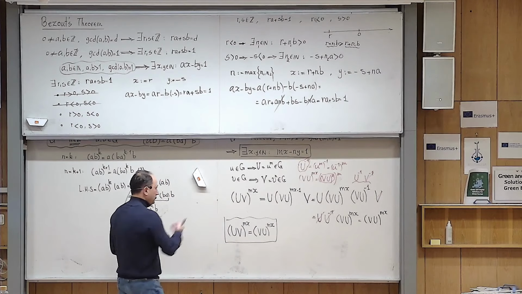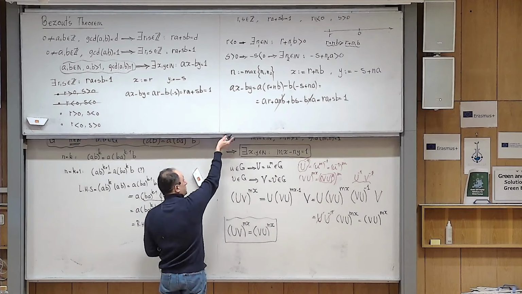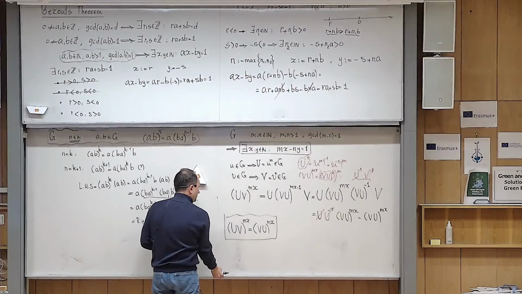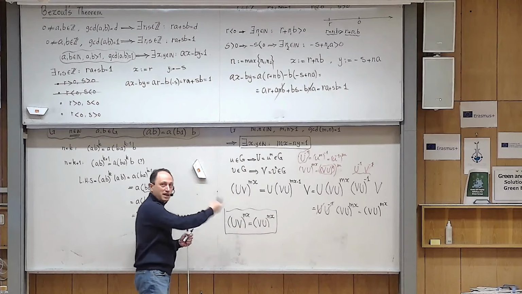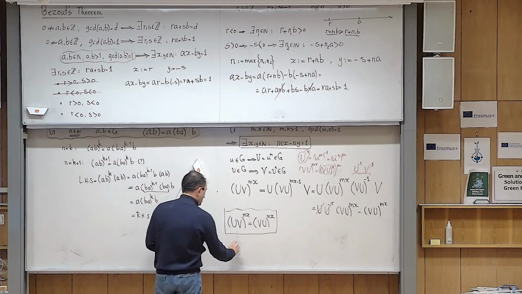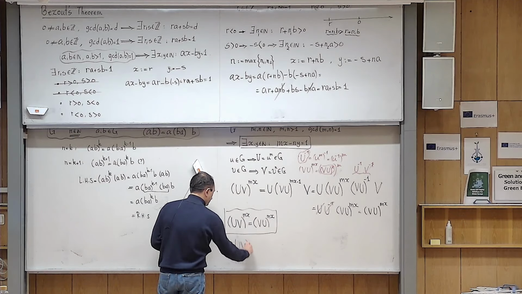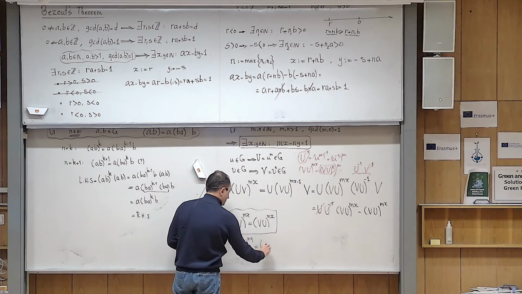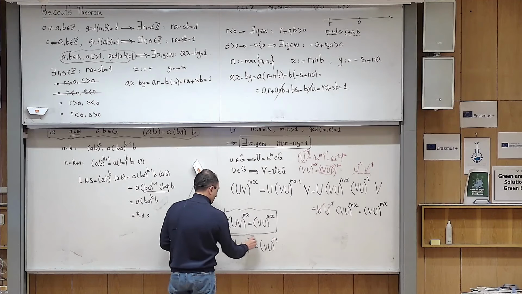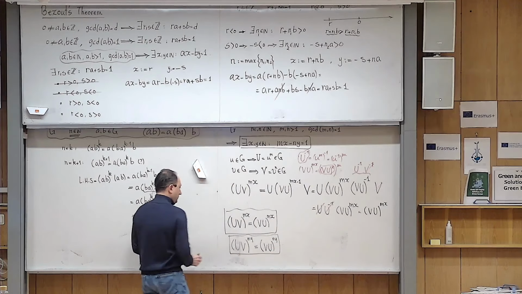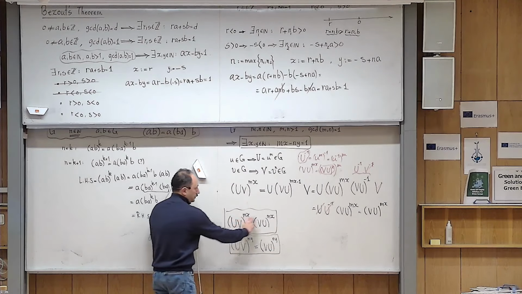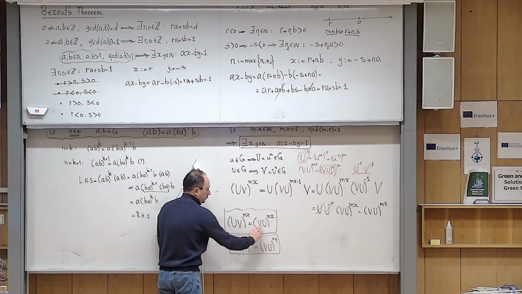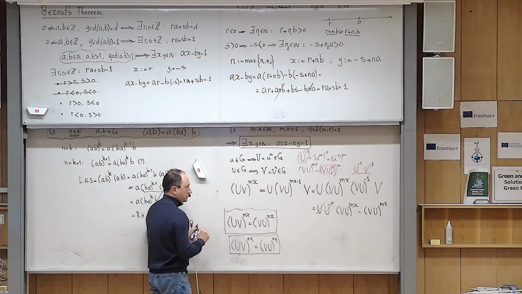Similarly, I don't want to spend time on it, you can immediately conclude the same thing with nx exactly the same way. So (UV)^(ny) can also be seen in the same way. So it means that if you have mx on the top, you can commute mth powers and nth powers.